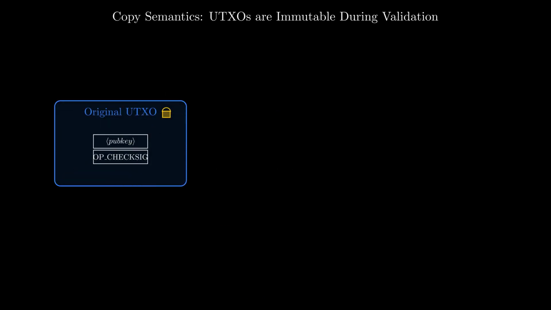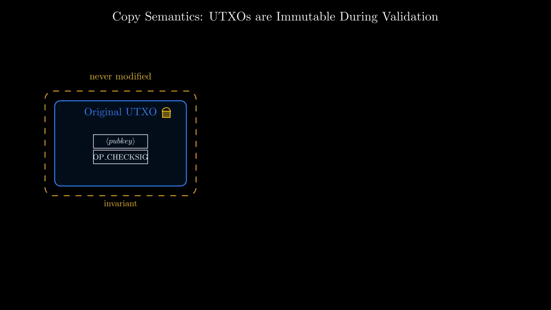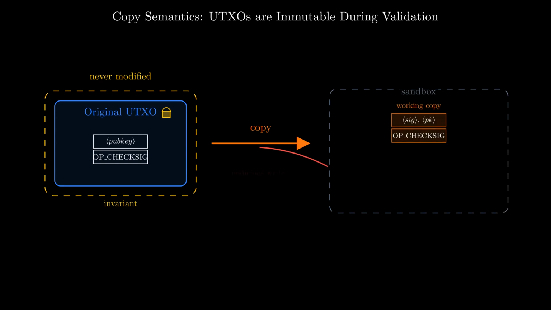That copy semantic matters. The previous output, the UTXO being spent, is never modified during validation. Nodes only operate on copies of its stack state. If a spend attempt fails, the original UTXO is untouched and remains spendable. This rules out a whole class of attacks where malicious scripts try to corrupt or partially consume outputs.